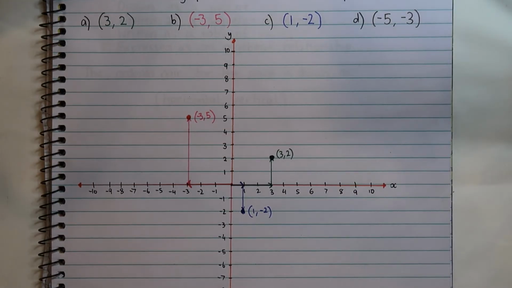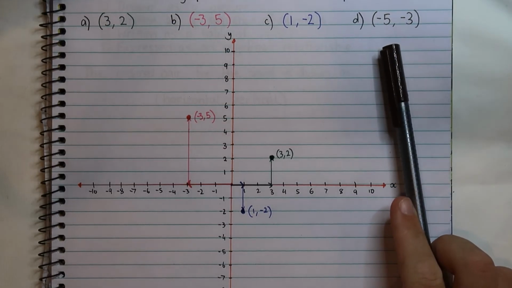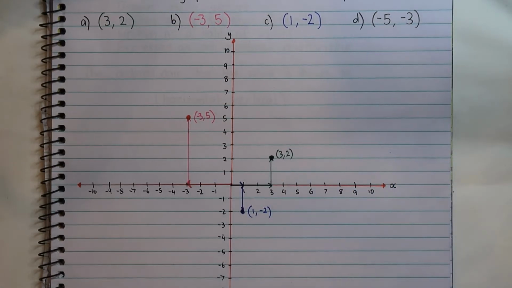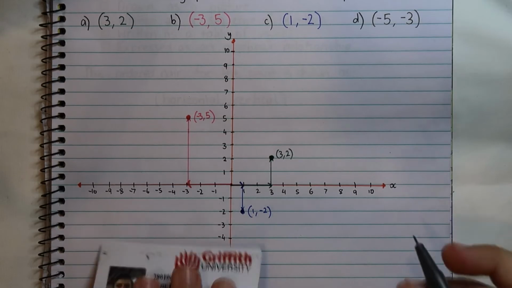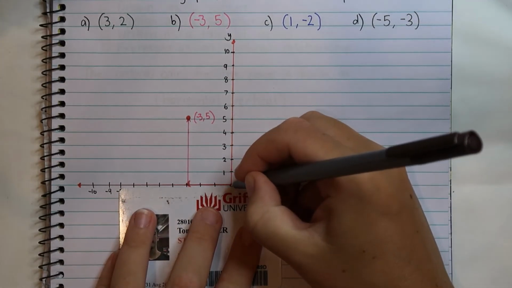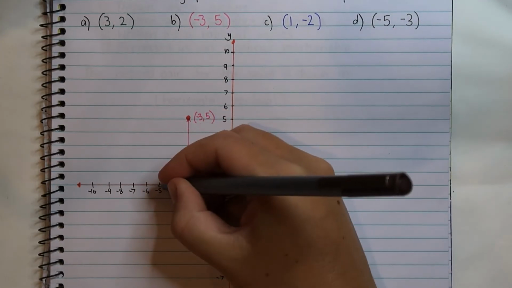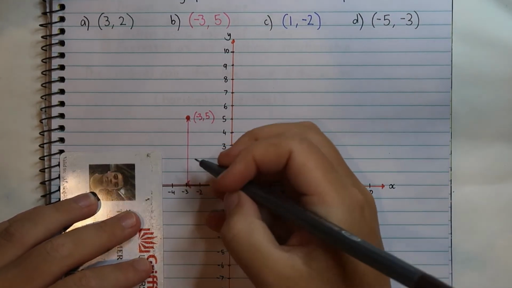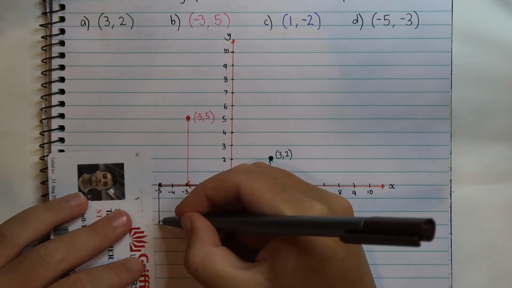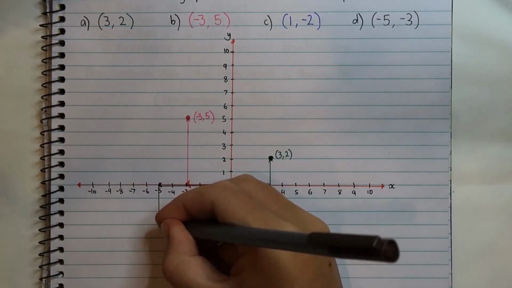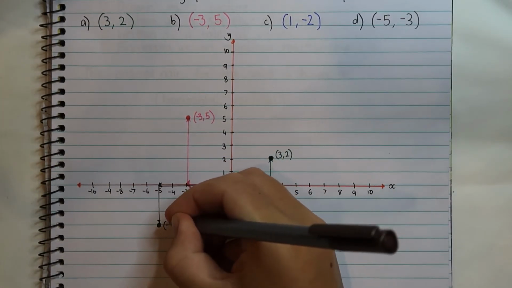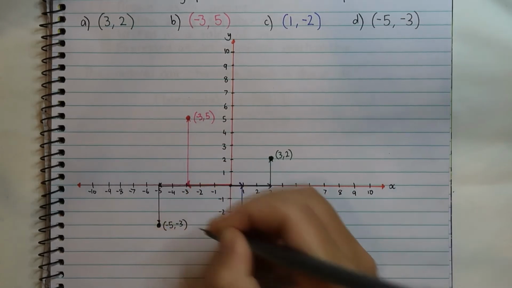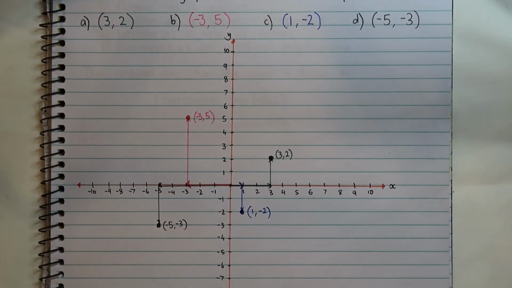And then our last point, -5, -3. So we're going to go across to -5, and then we're going down to -3. So now we have a point in each of our quadrants.